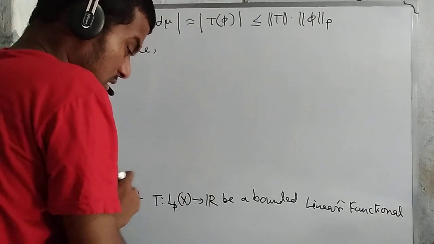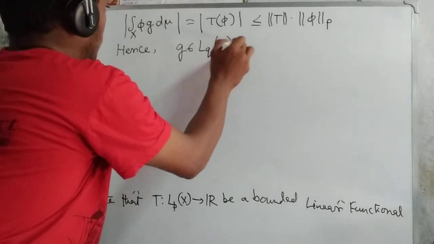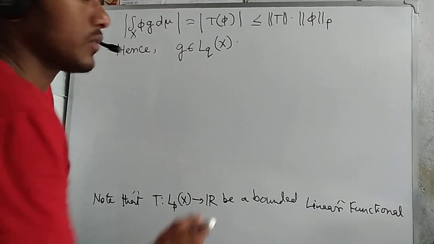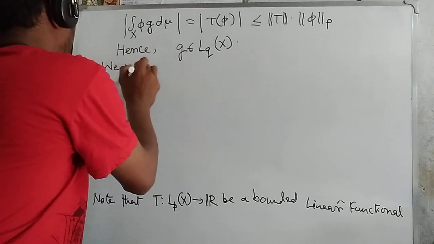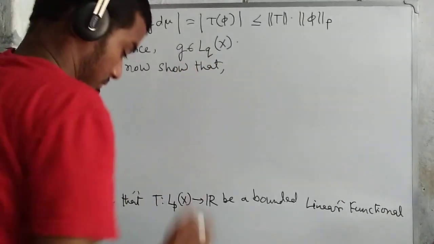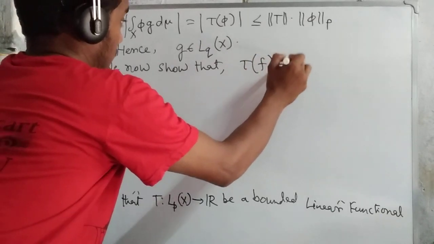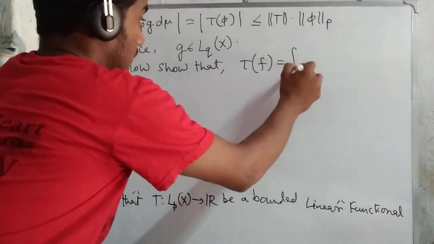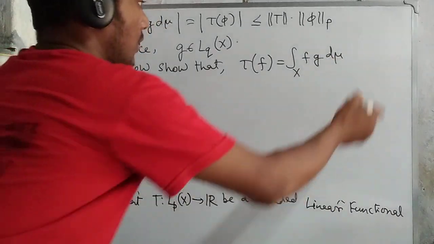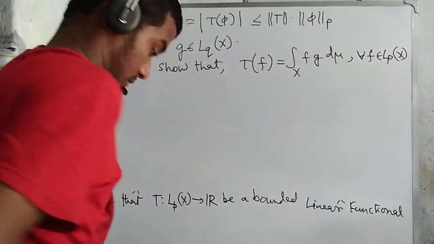Hence g belongs to L^q(X), and we now show that T(f) equals the integration over X of f g d mu, for all f belongs to L^p(X).